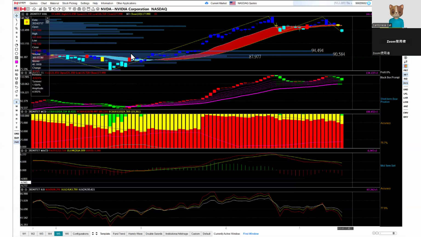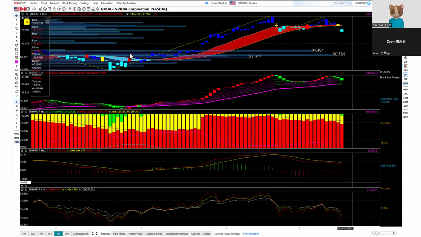Then we take a look at the candles in 4 different colors: red, yellow, light blue, as well as dark blue. The most important colors are the red candles. The red candles refer to a bullish trend. Instead of saying it's a buy signal, I will put it in a subtle way: it's a bullish signal.